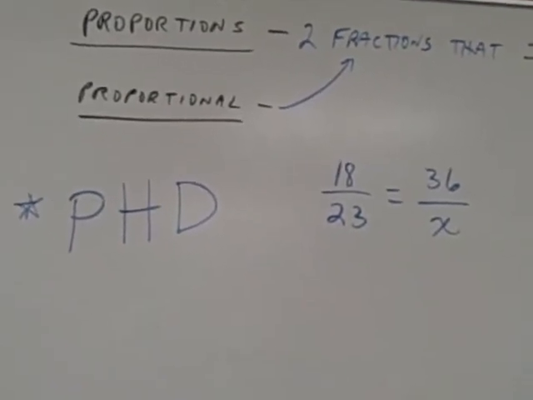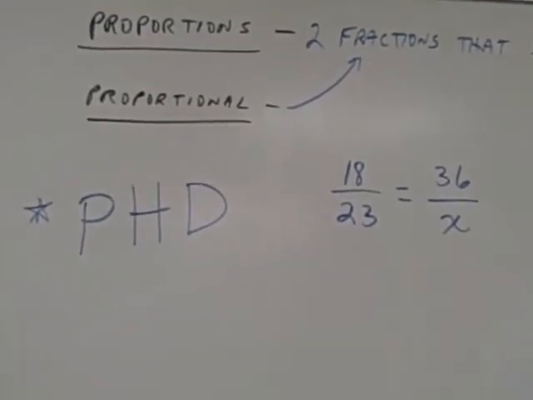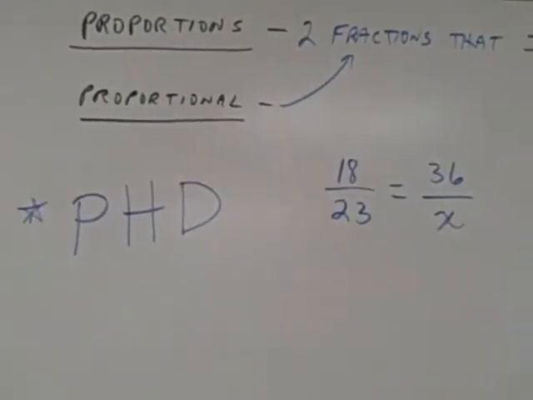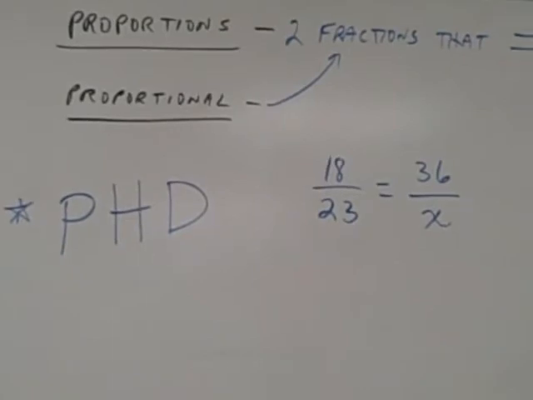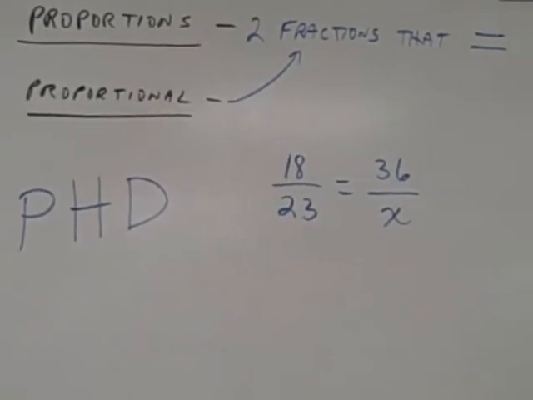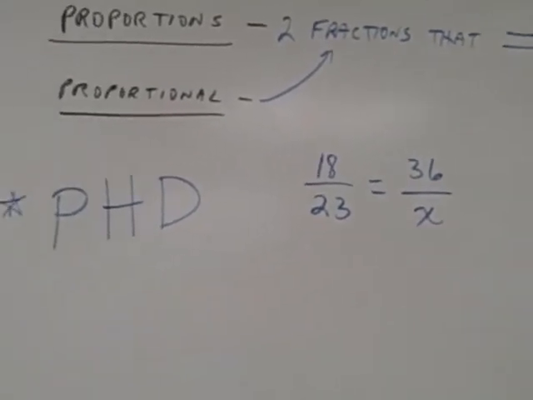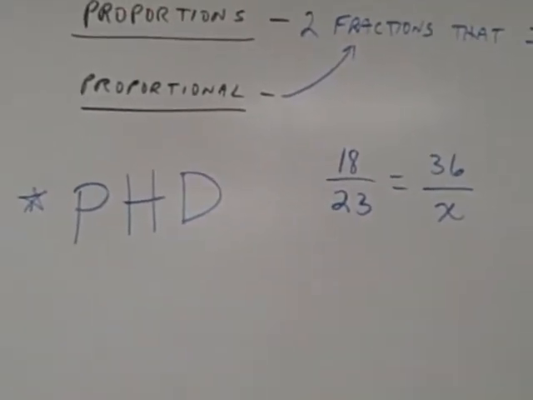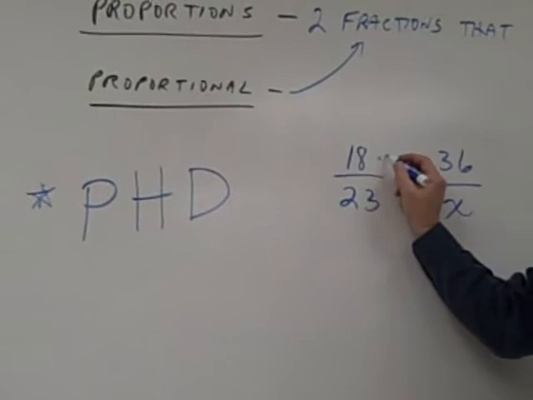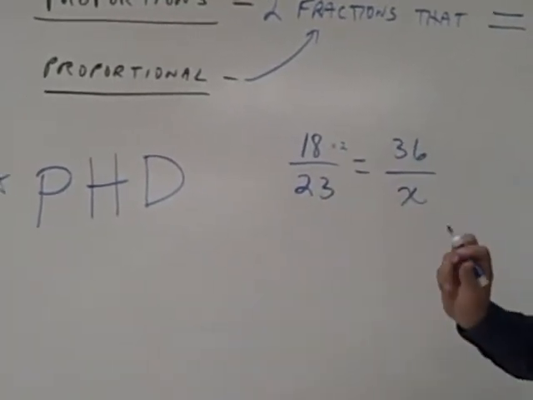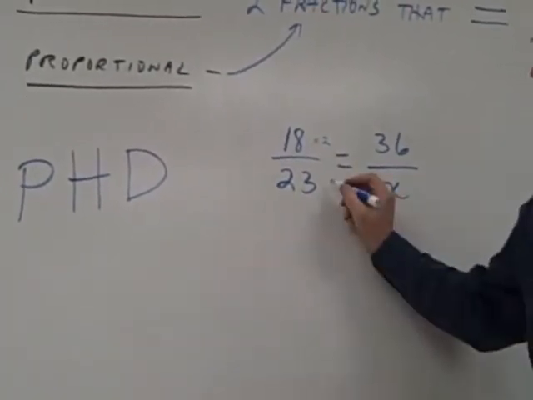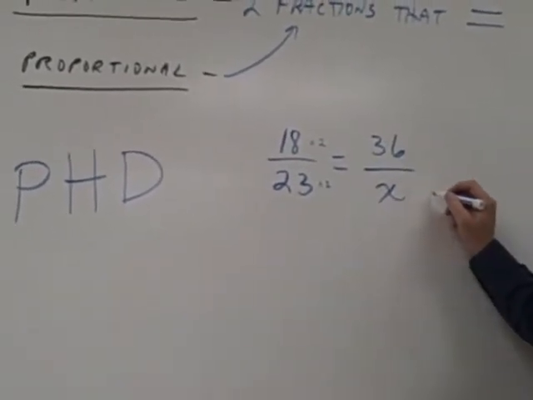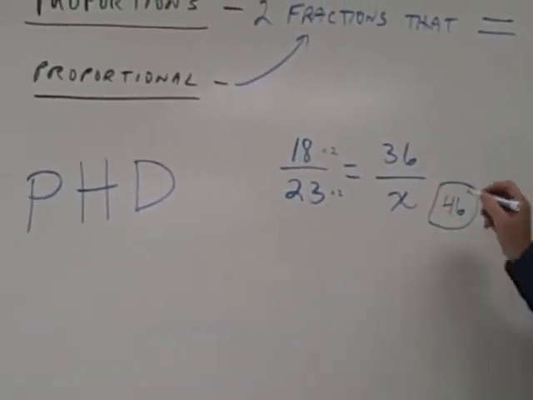But I'm not going to do that right now. We may come back to it at the end of the year when I'm showing you algebra. I'm just trying to get you going for April. So we're going to trust PhD. How did 18 turn into 36? Times 2, and then we times 2 there, and what do we get? 46. So the missing part was 46.